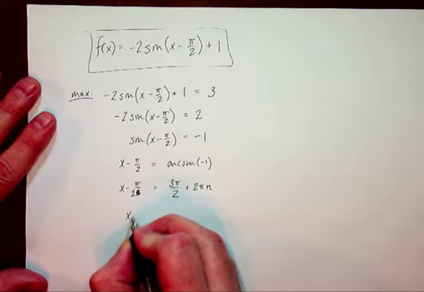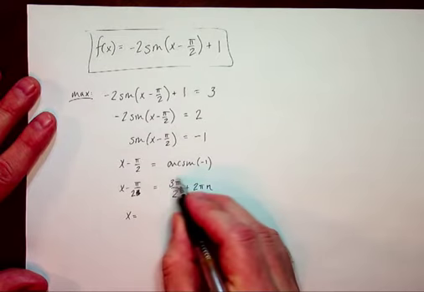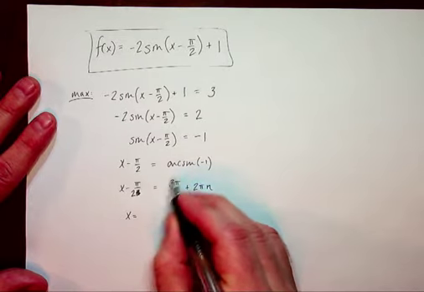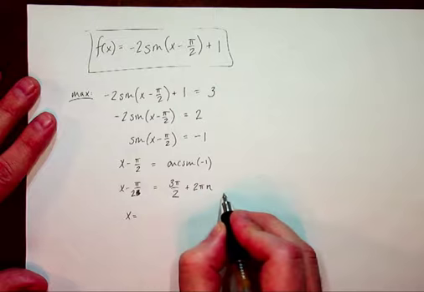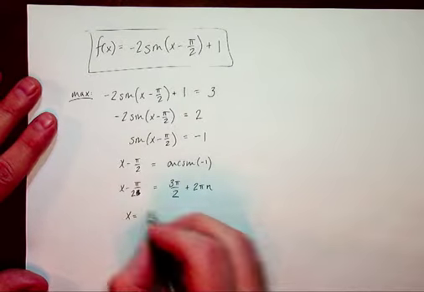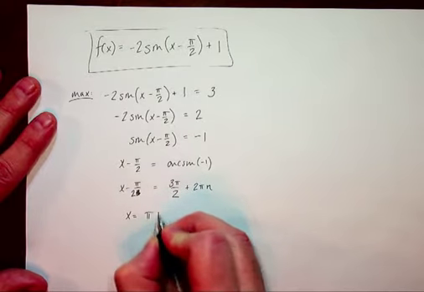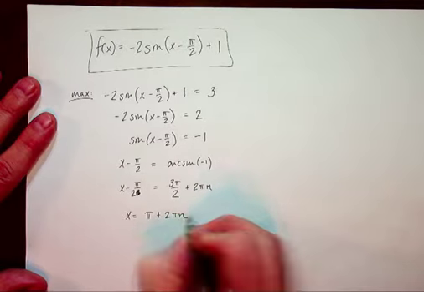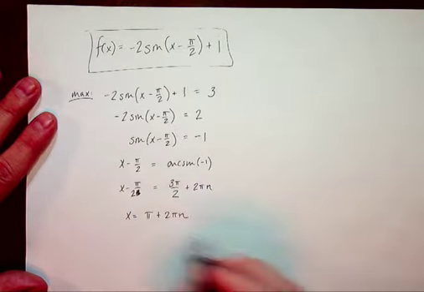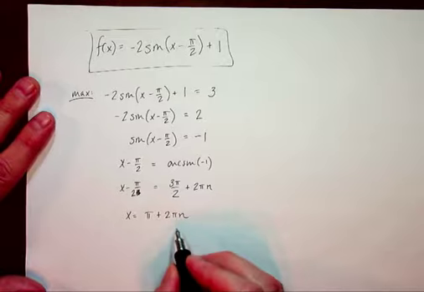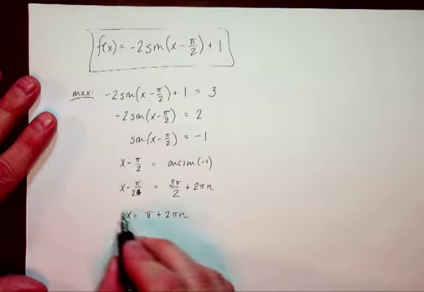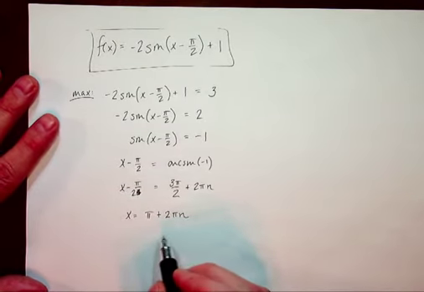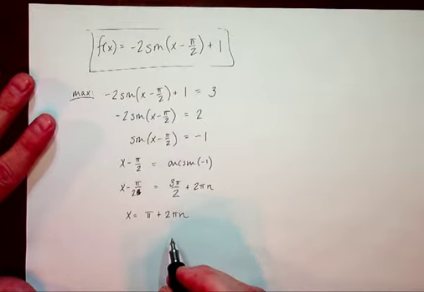But this is the way that you represent that the answer to that question is not one value, but an infinite number of values because of the periodic nature of the function. And so what we get here is maximum values, okay, at pi plus 2 pi n.